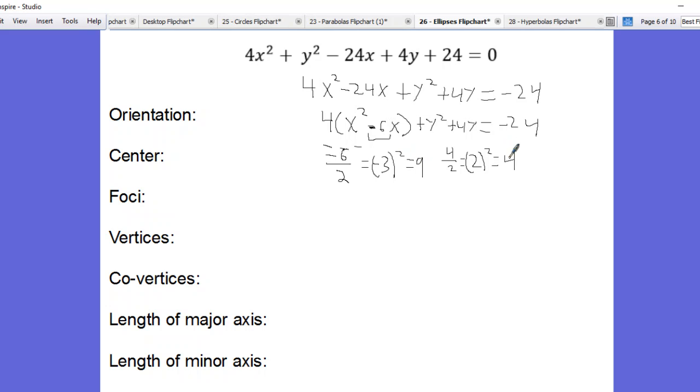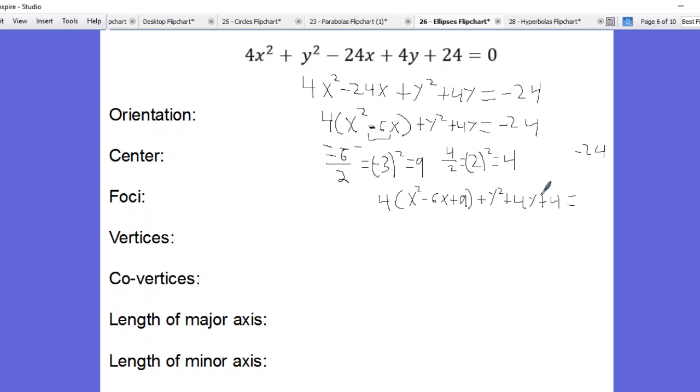Now that I know that I have that 9, I have 4 times x squared minus 6x plus 9 plus y squared plus 4y plus 4, all right? And that's going to be equal to negative 24. But anything I add to the left-hand side of the equation, I have to add to the right-hand side.